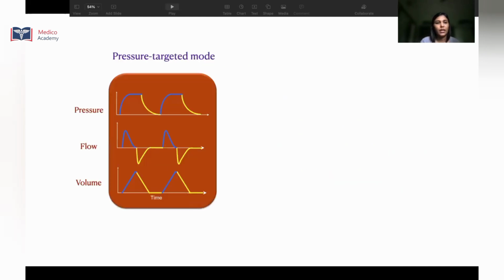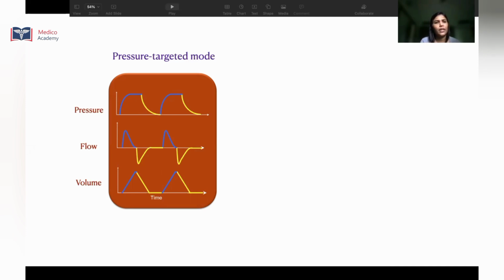So this is a pressure, flow, volume versus time graph of a pressure targeted mode. As you can see that after the peak flow is reached, the pressure remains constant, whereas the volume keeps changing. So in a pressure targeted mode, you have control only on the pressure. There is absolutely no control on the volume being delivered to the patient.